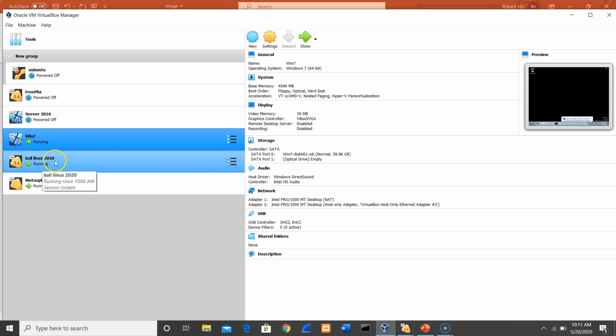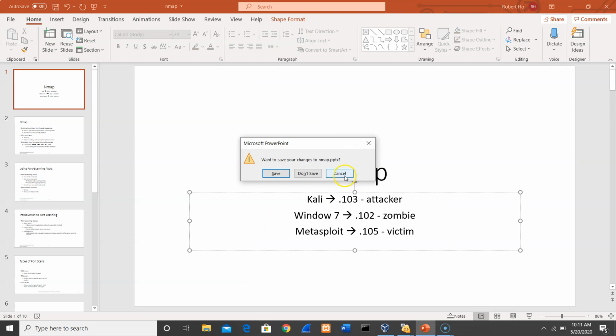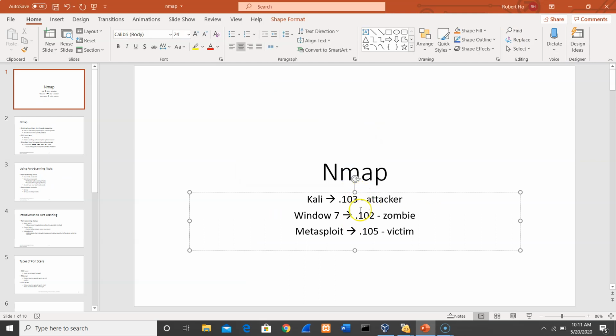Make sure you use the latest one, 2020, because if students use the old one, the repositories may not be able to be updated. It will give you an error message when you try to do some update. So try to use the latest Kali Linux, which as of May 20th, 2020 is Kali Linux 2020. And Metasploitable. Here are the IP addresses as I mentioned to you. I have three of these.